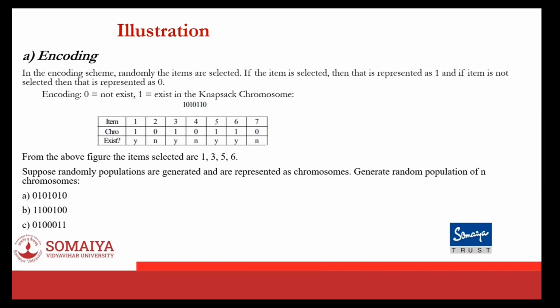Suppose random populations are generated and represented as chromosomes. The generated random population of n chromosomes are 0101010, second, 1100100, and third, 0100011.